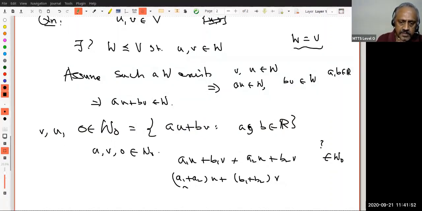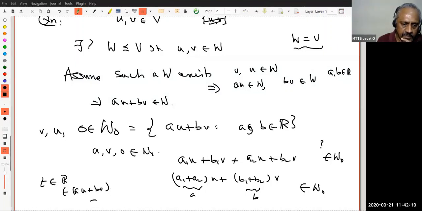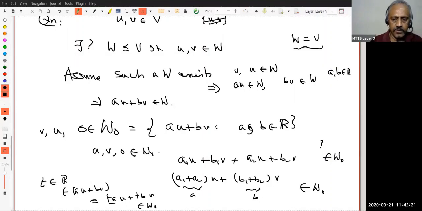But this is some a and this is some b. Therefore, it is of the form a u plus b v, that is in W0. Do you understand this? So what have I done? Take any two vectors in W0, their sum is also in W0. Now take any scalar t in R, then t times (a u plus b v) is t a times u plus t b times v. Therefore, some scalar times u plus some scalar times v. Therefore, it's again in W0.